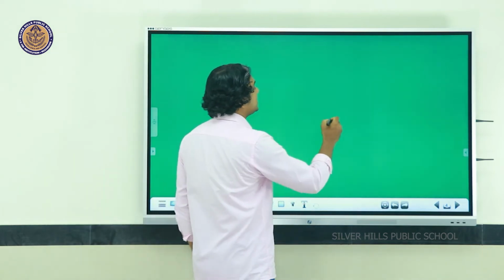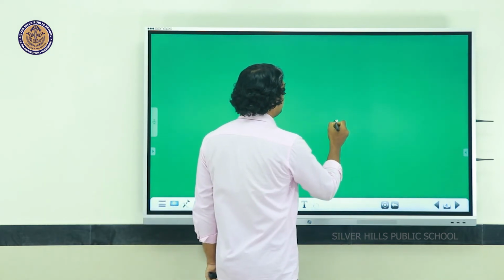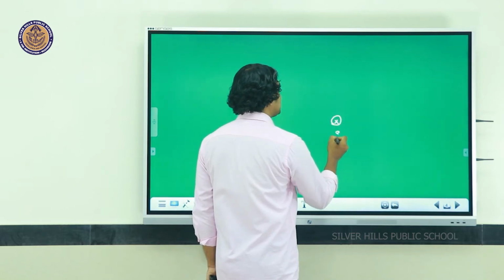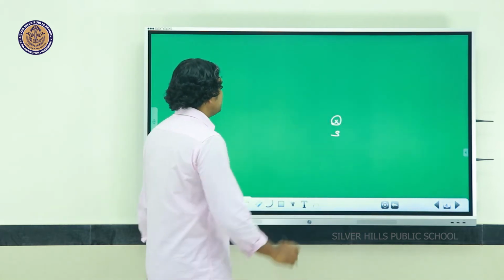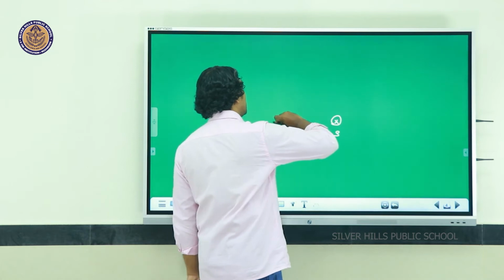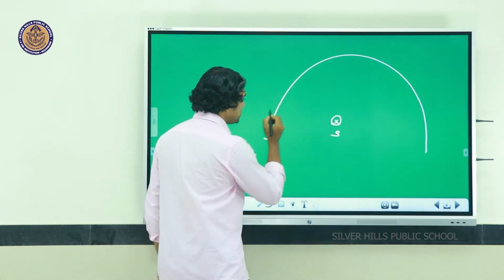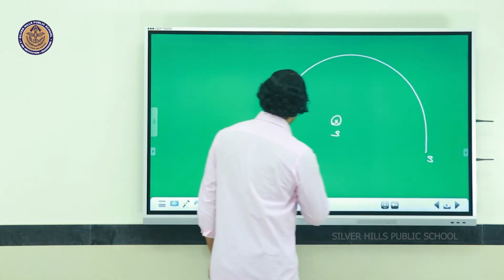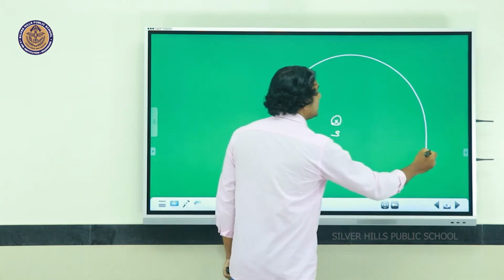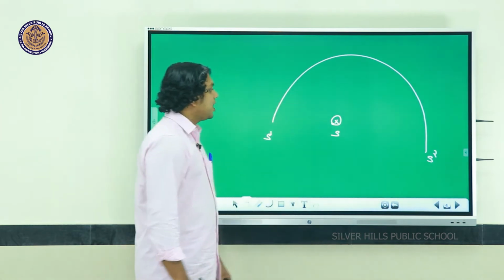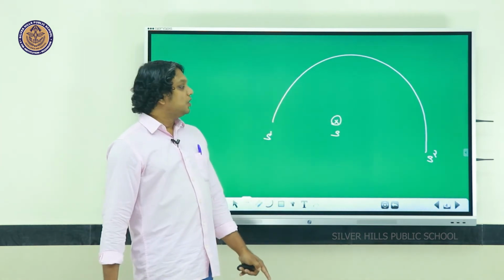For example, there is a point source S. Suppose I name the points S1, S2. How did we get this S1, S2?